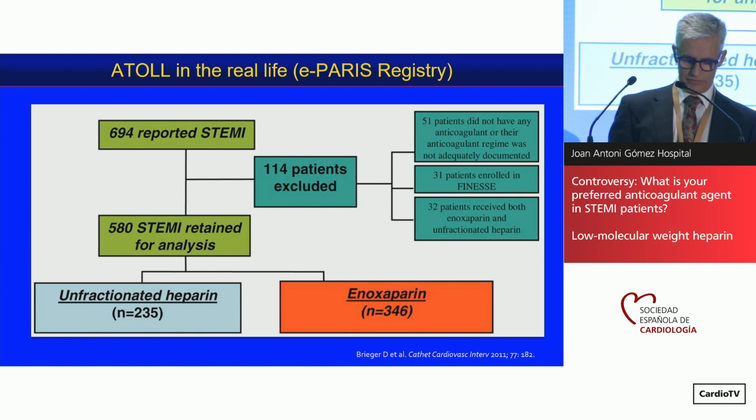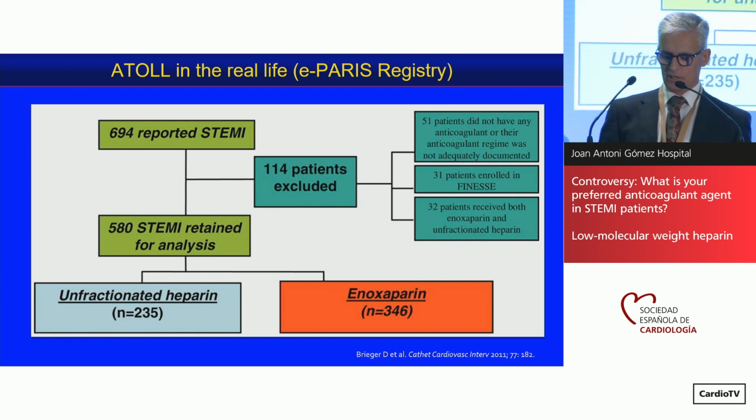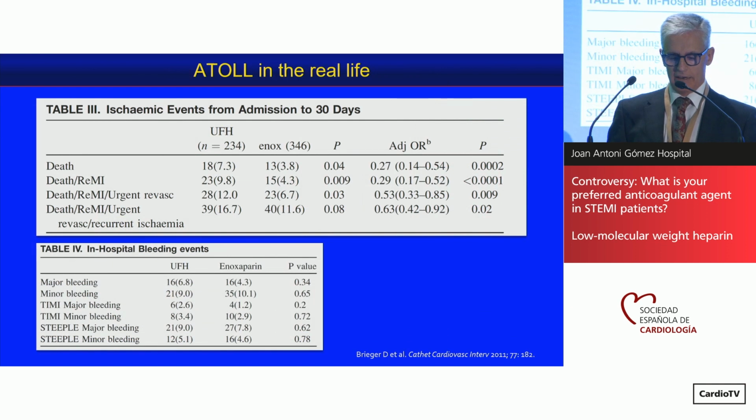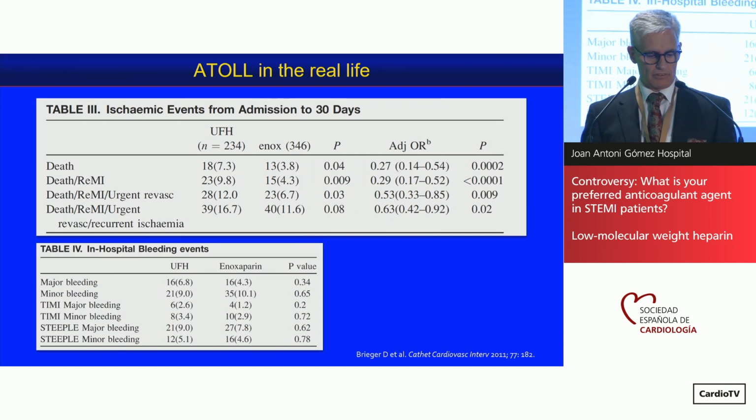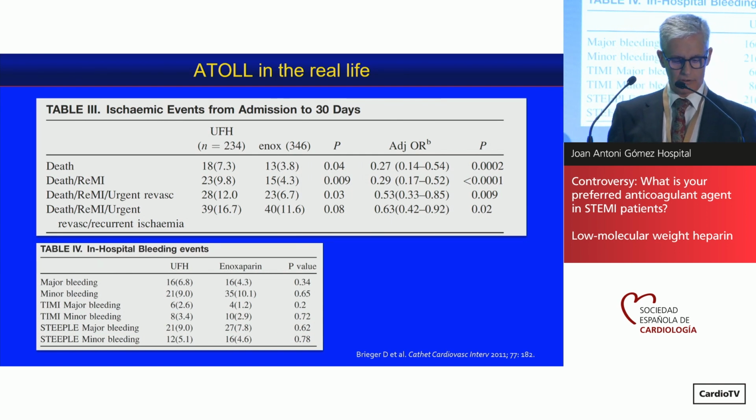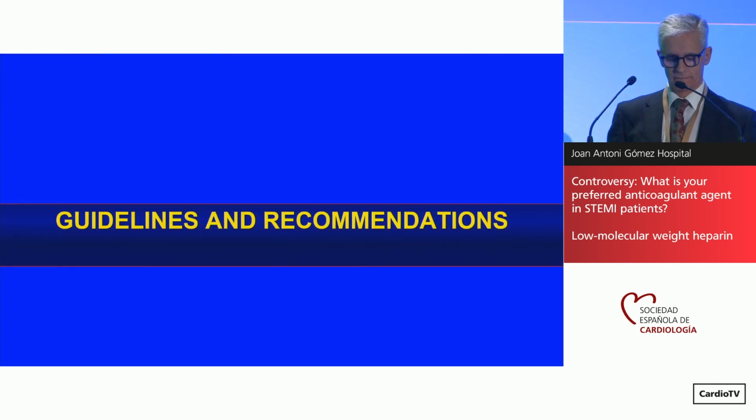They are treated with unfractionated heparin in front of patients treated with enoxaparin. These are not randomized. It is real life. And again, they demonstrated that there is a clear benefit on the ischemic events, death, reinfarction, or urgent revascularization, with no differences in bleeding. In this case, there is not shown any difference in the safety profile.